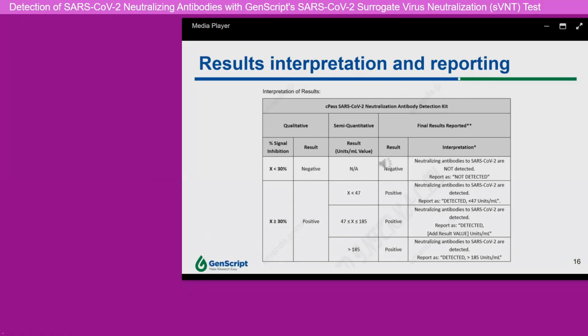The semi-quantitative results can be reported with a numerical units per mL for positive samples that are over 30% inhibition. The range includes an upper and lower limit of 185 and then 47 respectively. This interpretation is included in the IFU.